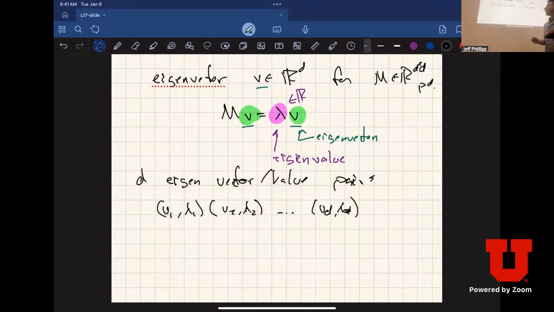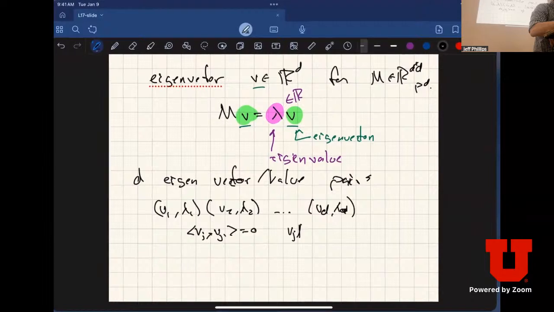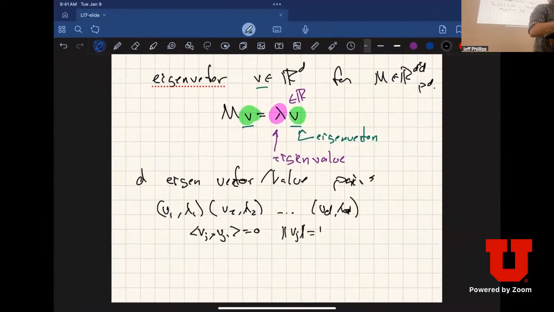If it's positive semi-definite, some of the lambdas are going to be 0, and that's the only difference. We're going to have that Vj dot Vj prime is equal to 0 for different j. We can make a choice: we said it's an eigenvector if Vj is a unit vector.